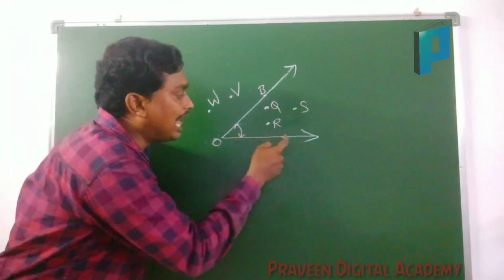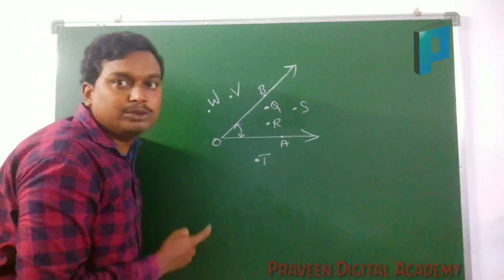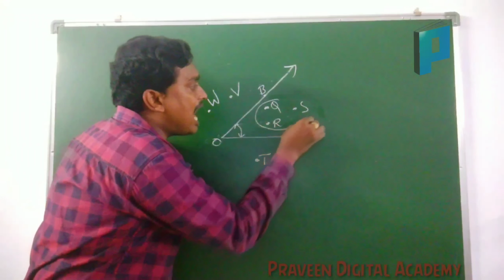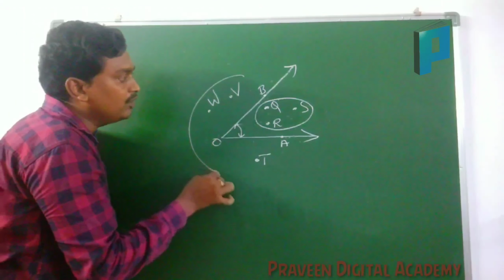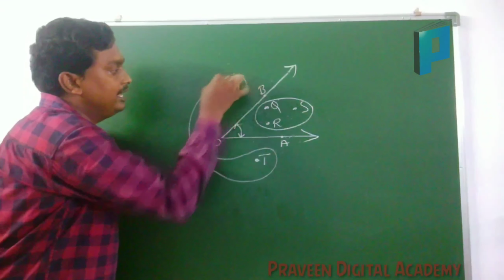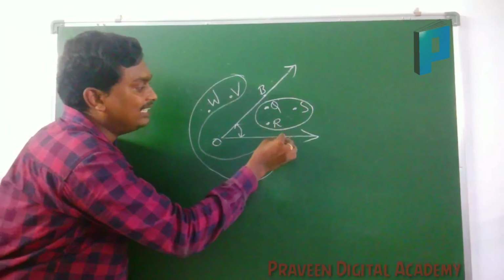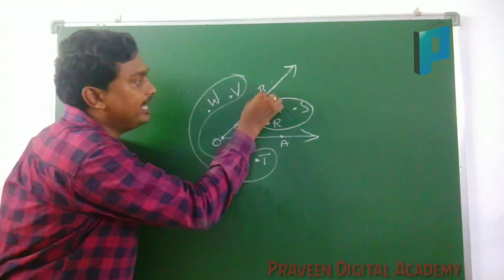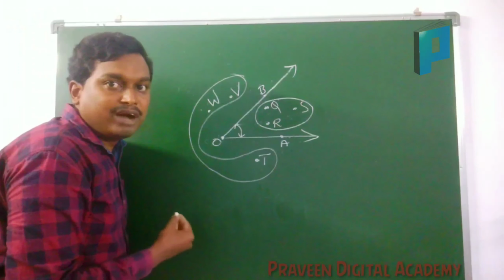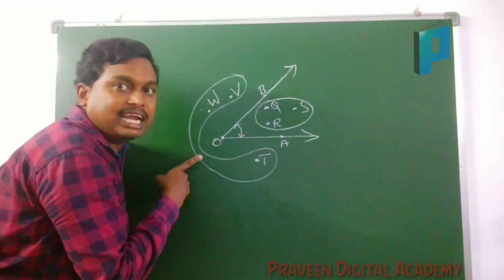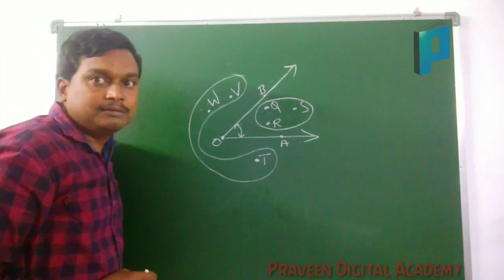The points which lie on the ray are called points belonging to the angle. These Q, R, S are interior points of the angle, and these W, V, T are exterior points of the angle, and A, O, B are points on the angle. We can define the interior of the angle, exterior of the angle, and points lying on the angle.